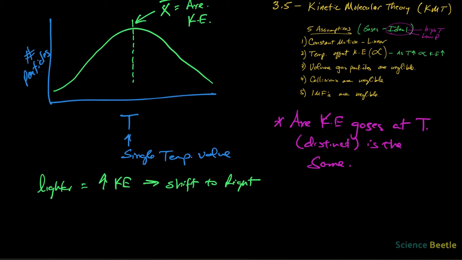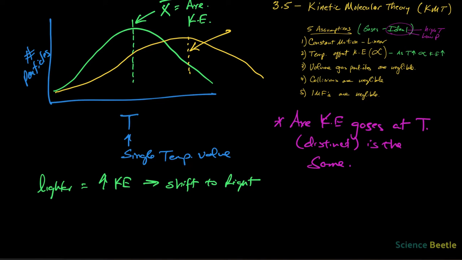Here, lighter particles would move faster, so they would have a higher kinetic energy, so we would expect to see a distribution this way. Since the area underneath the curve is going to stay the same, if I represent that in yellow, you'll see that the distribution would shift and broaden out. But notice now, the average is actually over here at the second point.